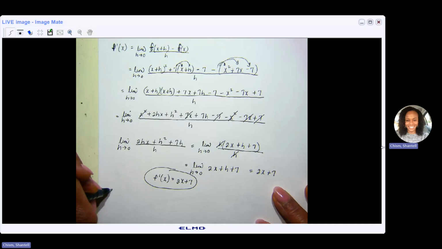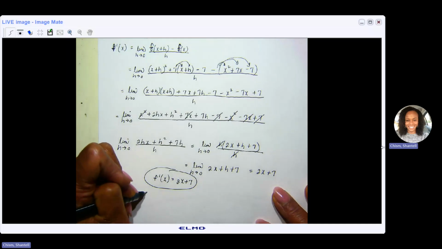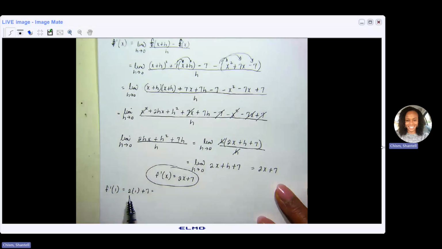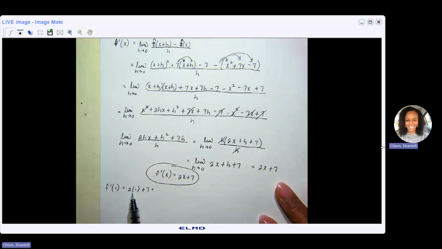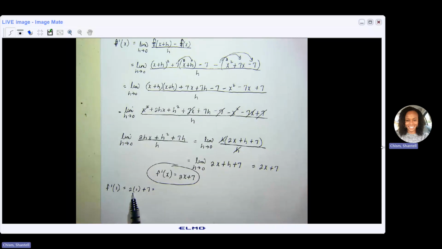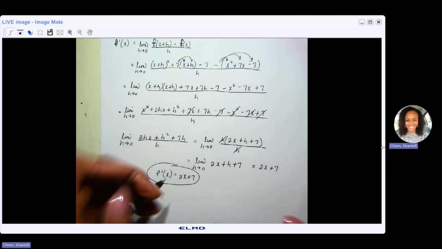So f prime at 1 would be 2 times 1 plus 7, which is just 9. All right, so that's just 9 there.